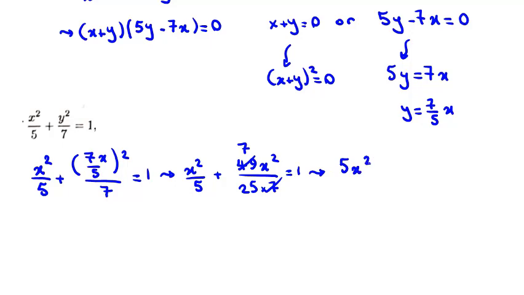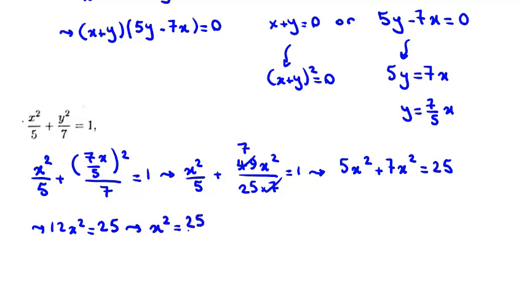We have 5x squared plus 7x squared equals 25. So 12x squared equals 25. So x squared equals 25 over 12. So x equals plus or minus 5 over root 12, and y equals 7 over 5 x, which will be plus or minus 7 over root 12.